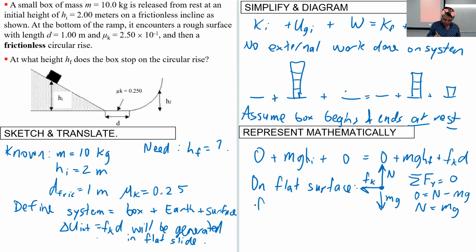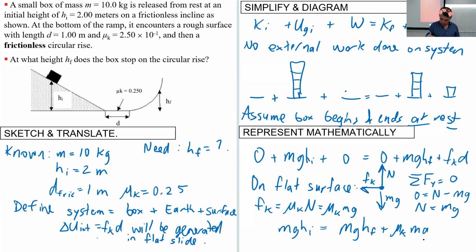So what that means is that F sub k is equal to mu sub k times N. That's the equation for kinetic friction. You can just call it mu sub k times m times g. So this equation, if you take away all the zeros, becomes mgh initial equals mgh final plus mu sub k times mg times d.